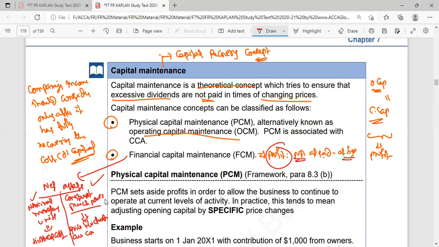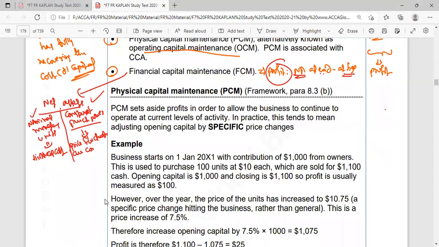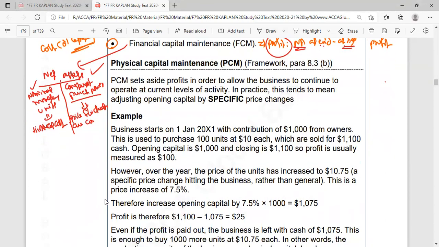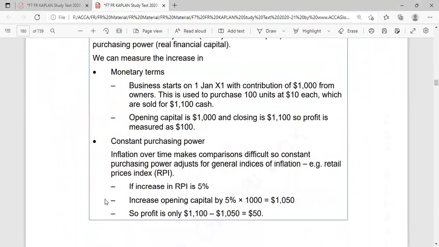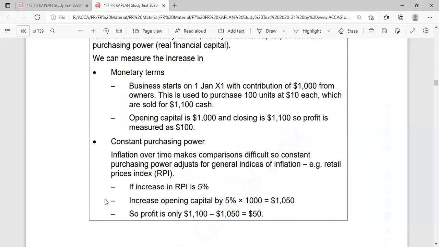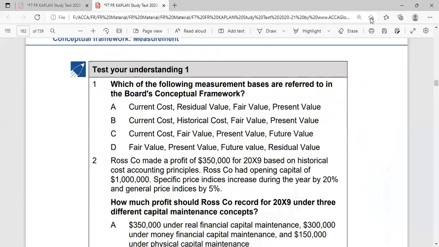Profit. So these are the two maintenance systems: one is physical capital maintenance and another one is financial capital maintenance. So these are the two capital maintenance systems relating to the maintenance of capital.